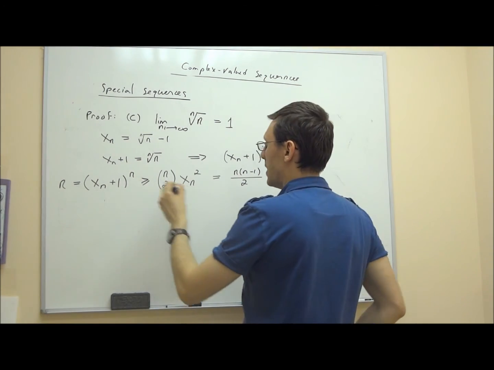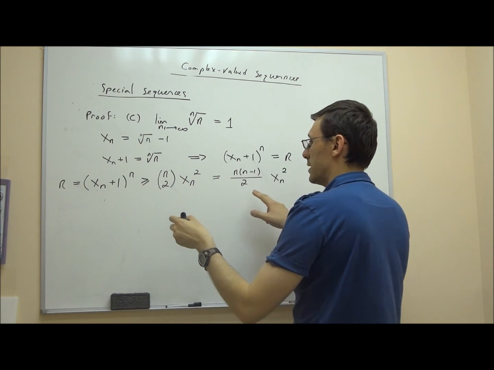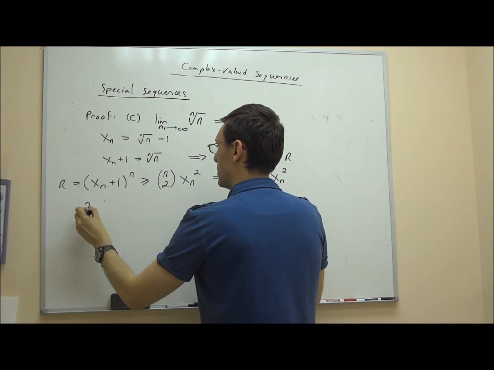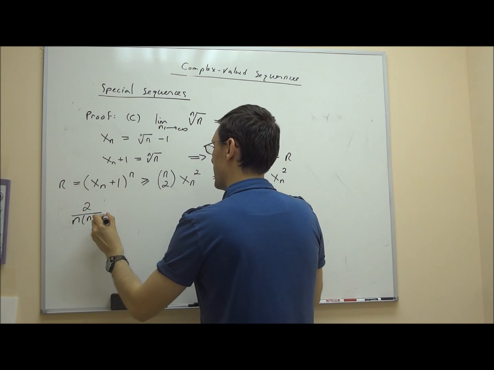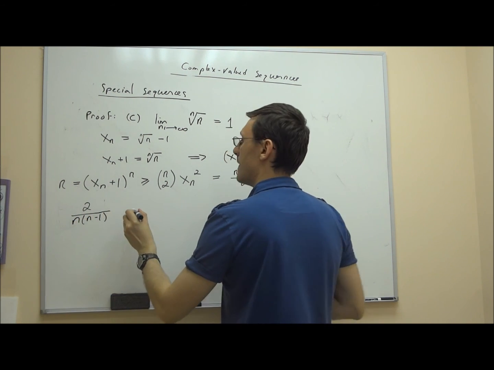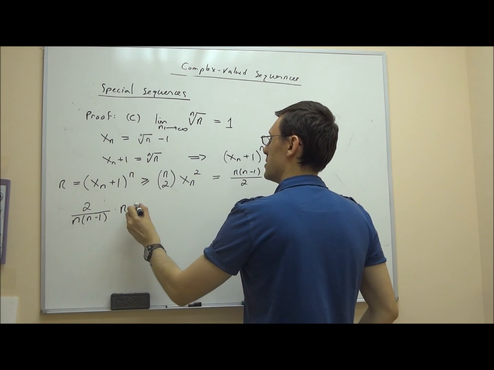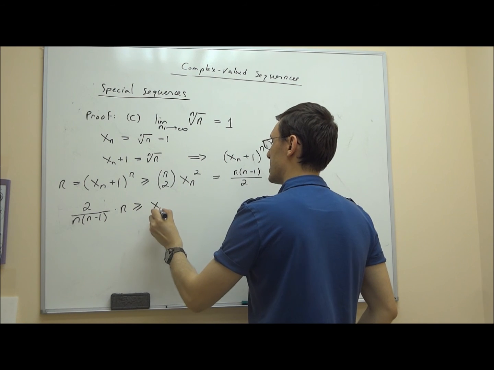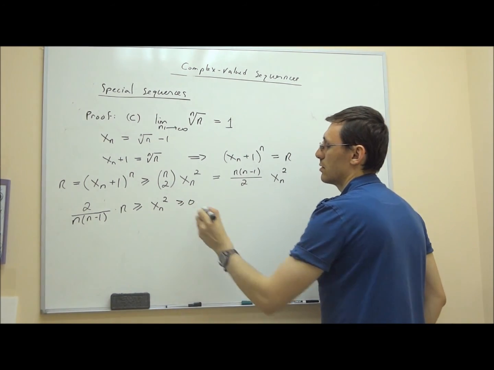So then by multiplying and shifting things around, we have that 2 over n minus 1, times n, is bigger than or equal to xn squared, and this is bigger than or equal to 0.